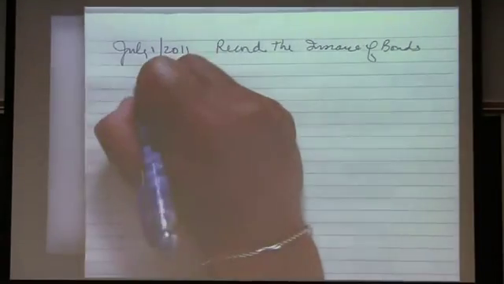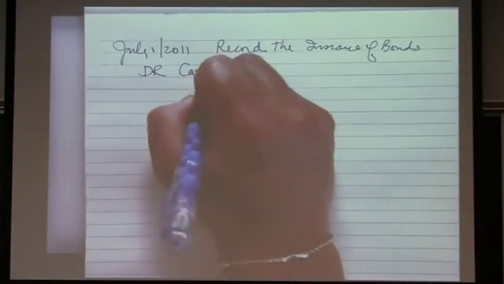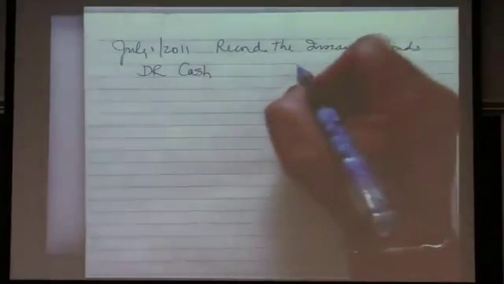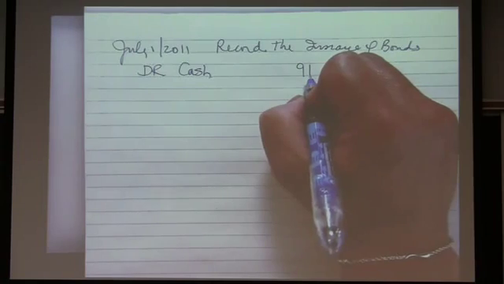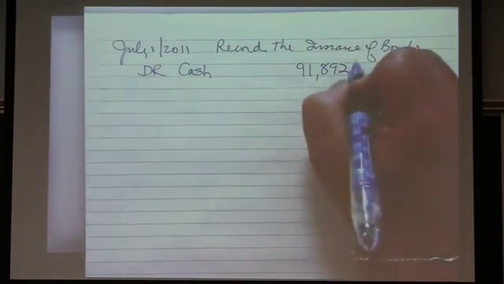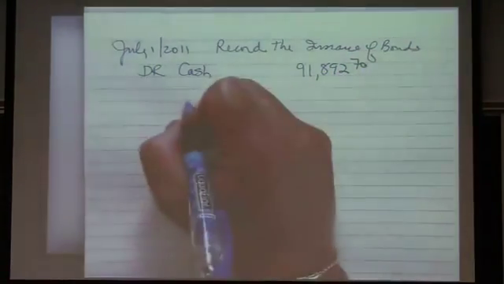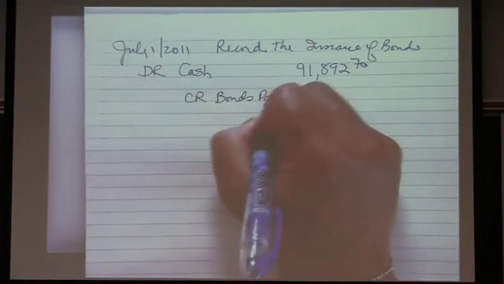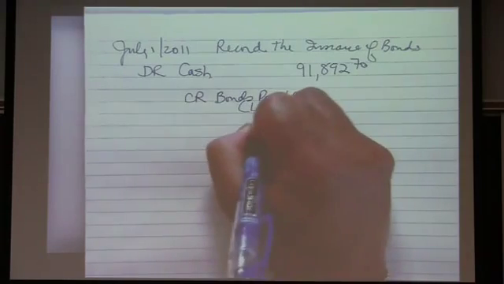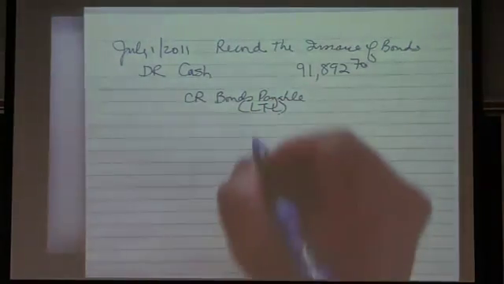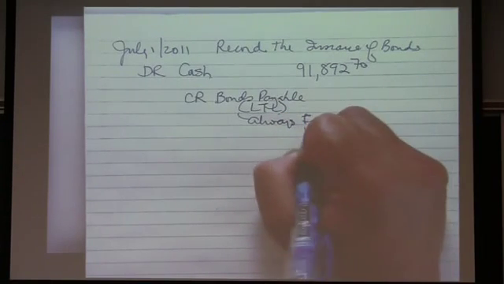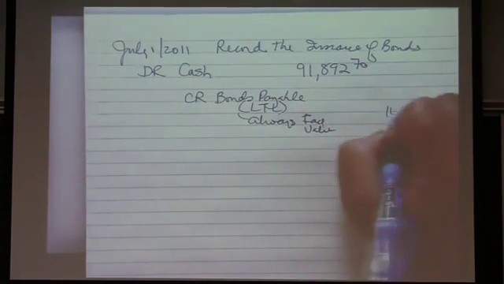So first we're going to debit cash for the amount that we receive, which is the issue price. And that was the calculated amount, $91,892.70. We always credit the bonds payable, which is a long-term liability, always at face value. That's $100,000.